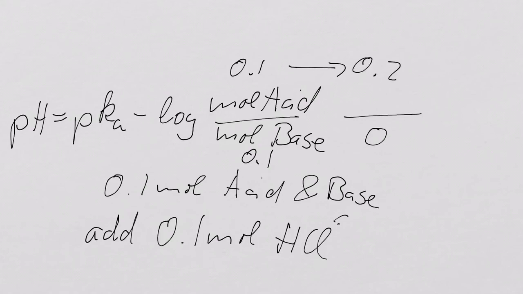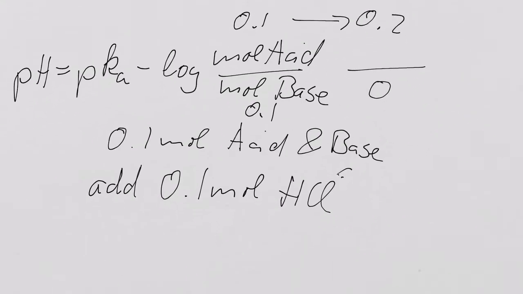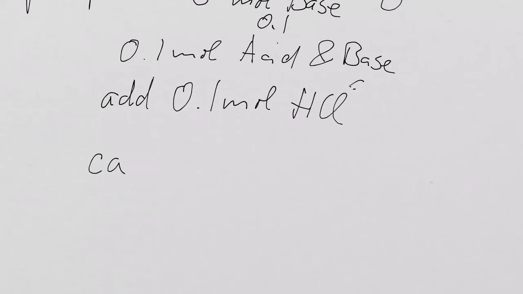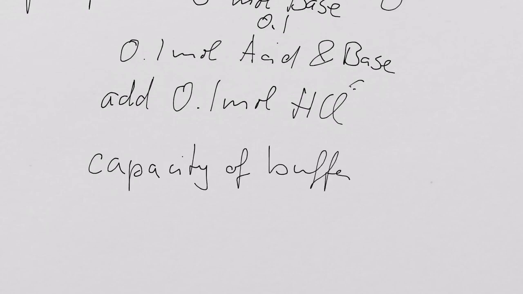The limit of the buffer is also called the capacity of the buffer. That makes sense. If we overstep the capacity, then the whole system falls apart. We can't deal with it.